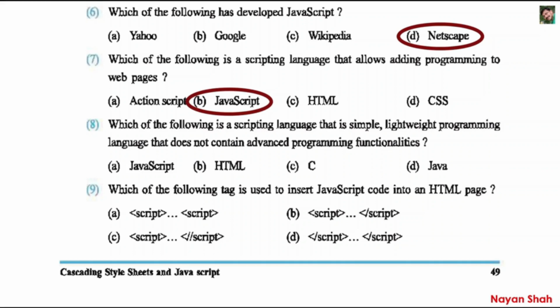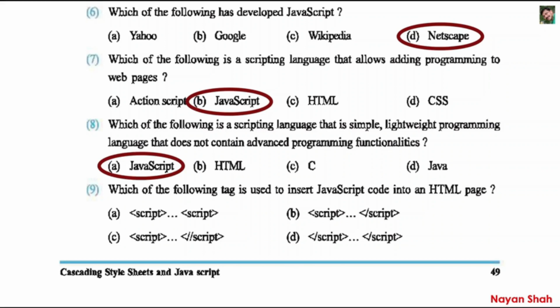Next, eighth question. Which of the following is a scripting language that is simple, lightweight programming language and that does not contain advanced programming functionality? So it is obviously JavaScript. Why? Because HTML is not a scripting language. HTML is not even a programming language.